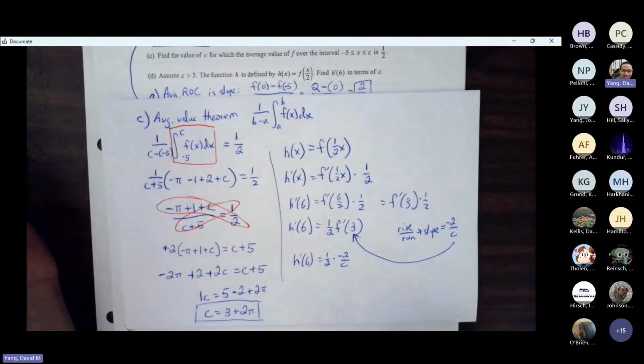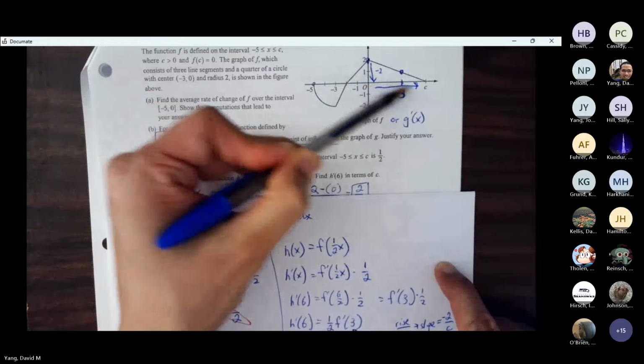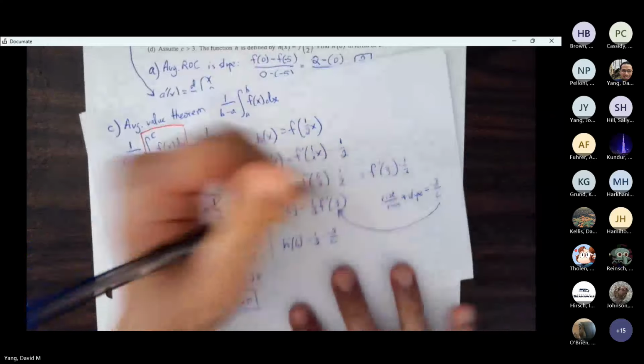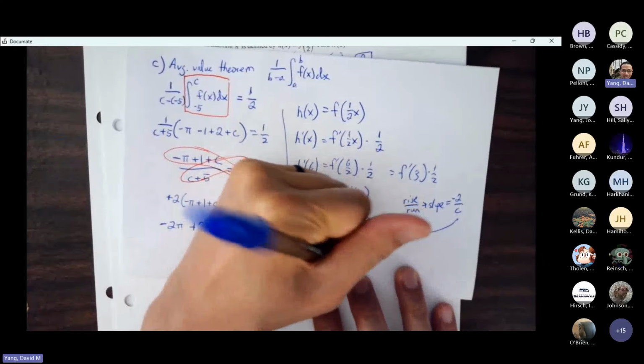So the slope of my line segment is just down 2 over C. I can reduce that to just make it negative 1 over C.